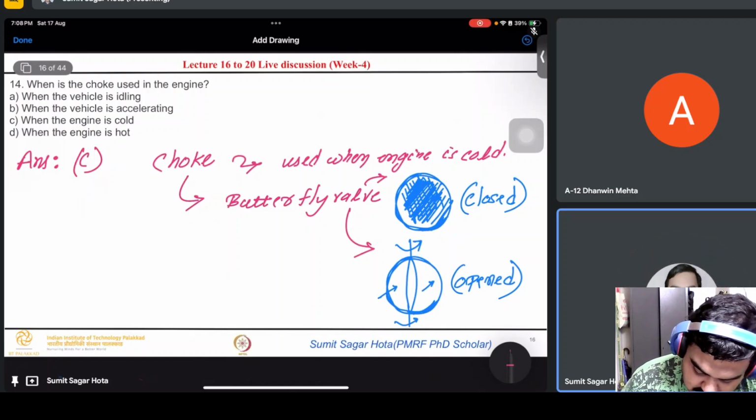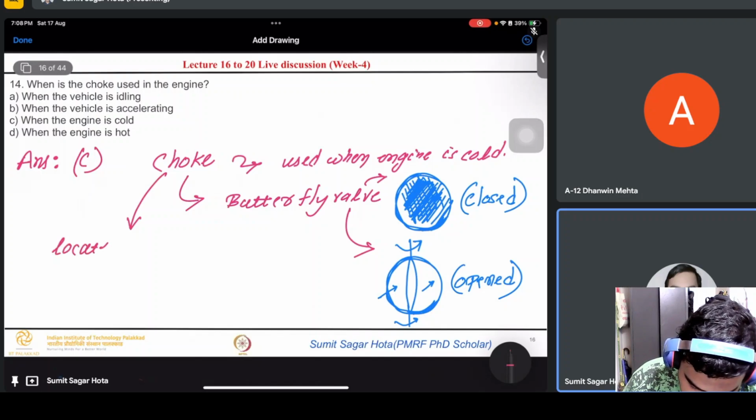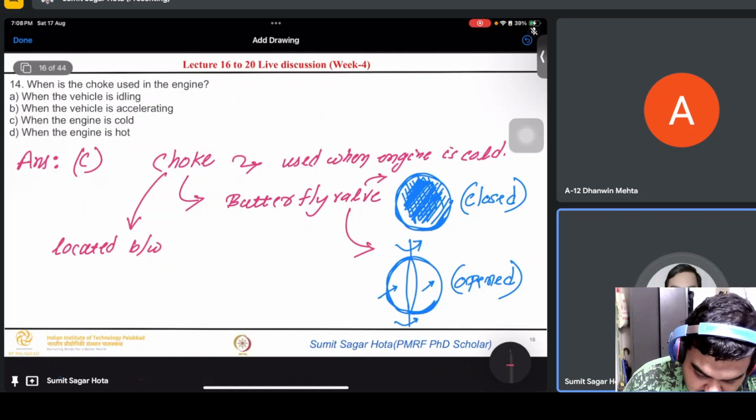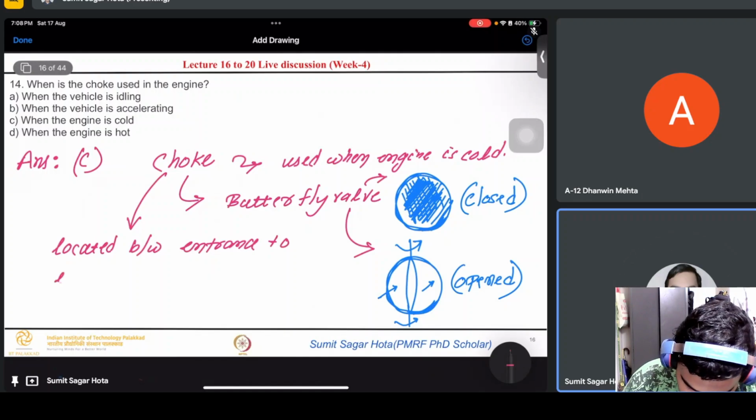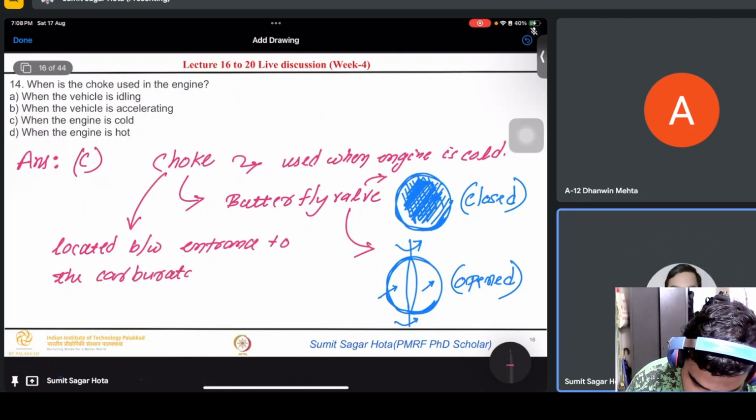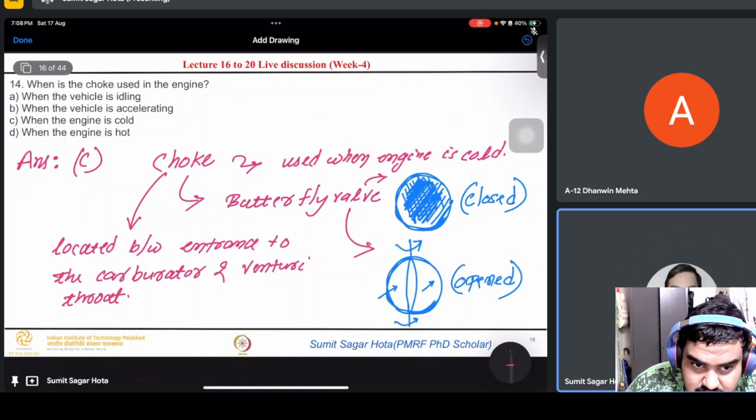Where is it located? It is located between the entrance to the carburetor and the venturi throat. So this is the position of the carburetor.